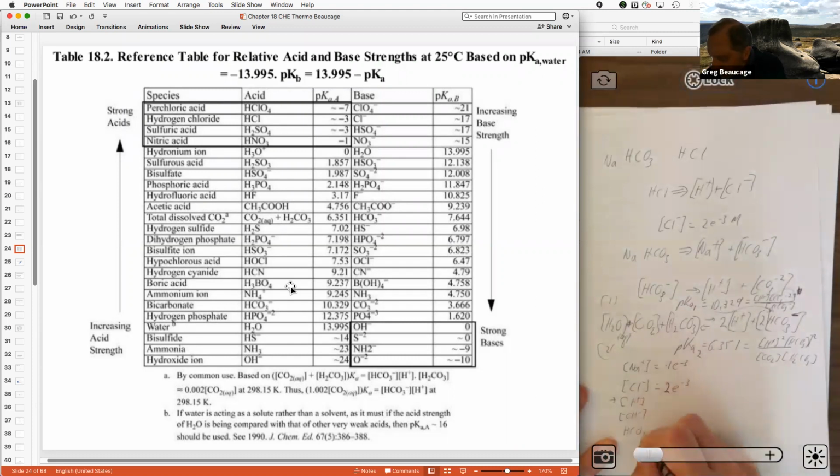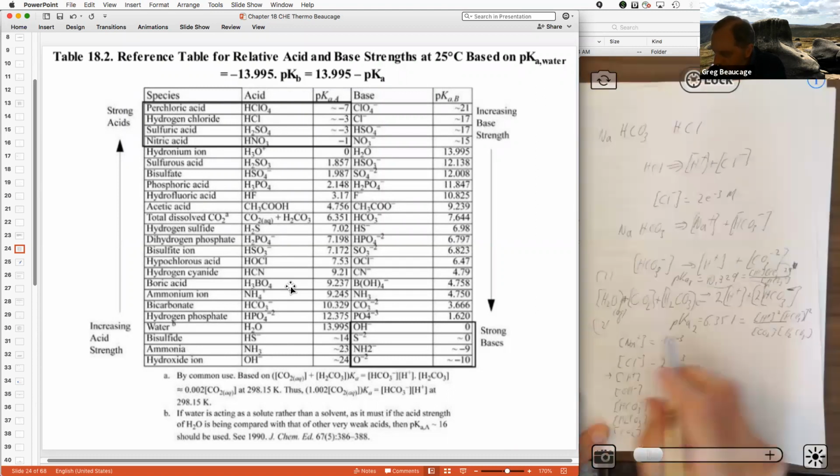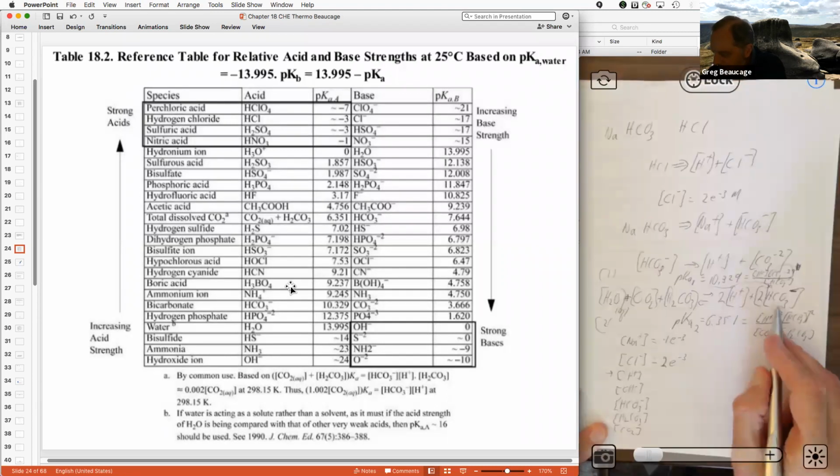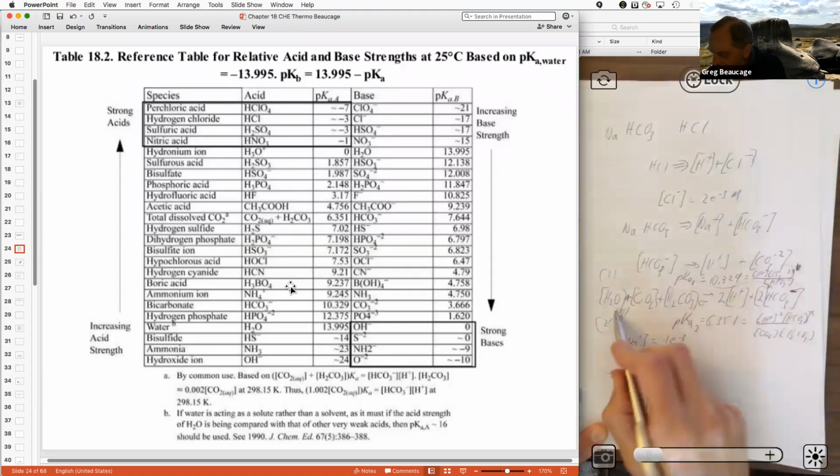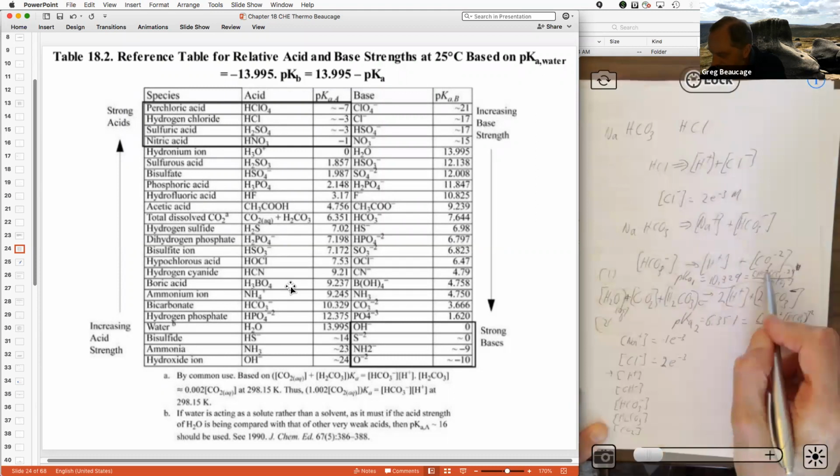Then you have HCO3 minus concentration, H2CO3, CO2, and CO3 minus 2. Water doesn't count.